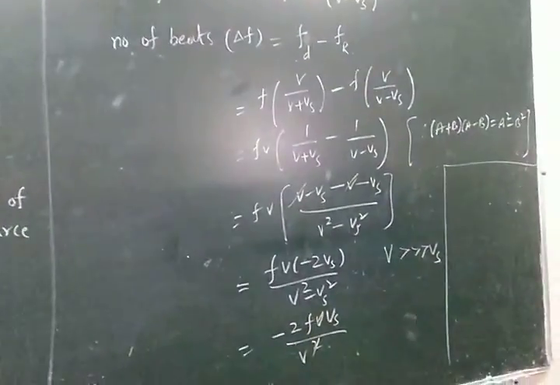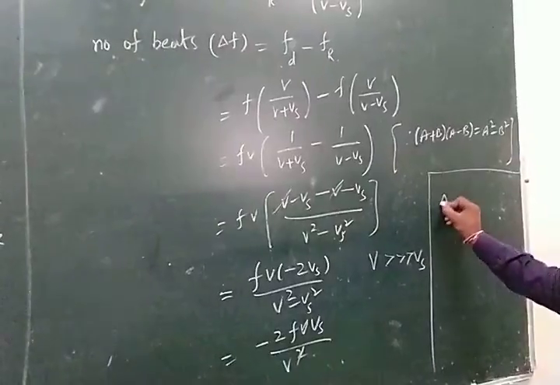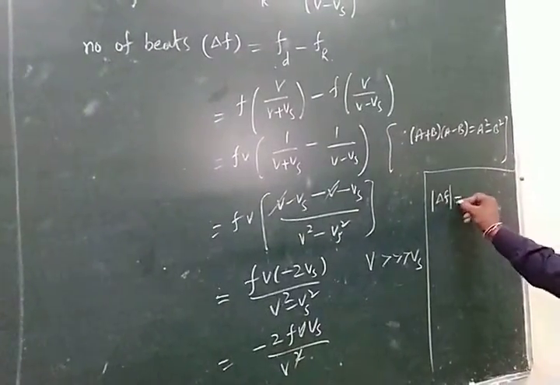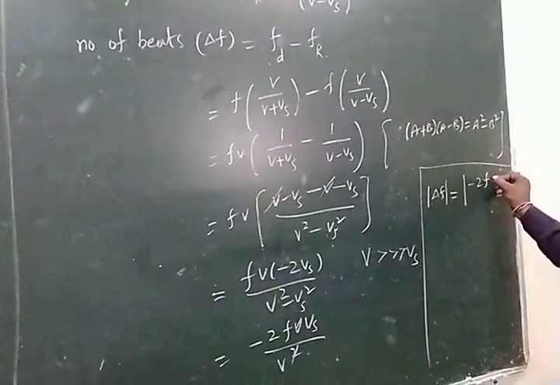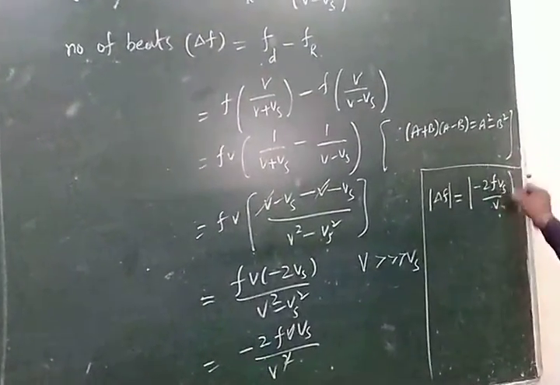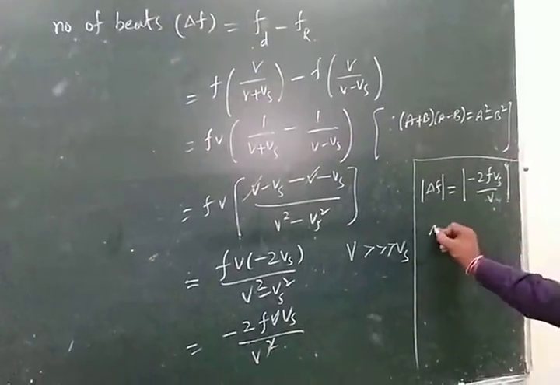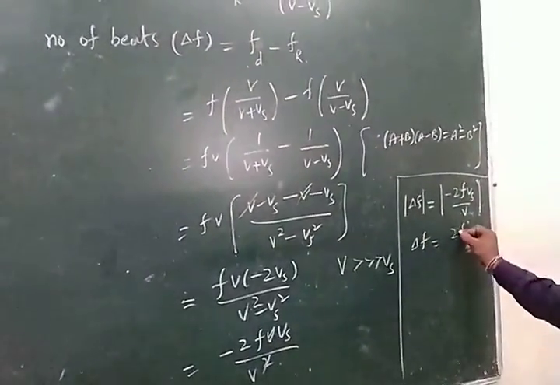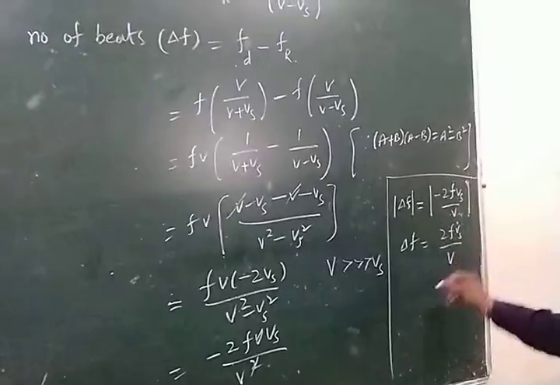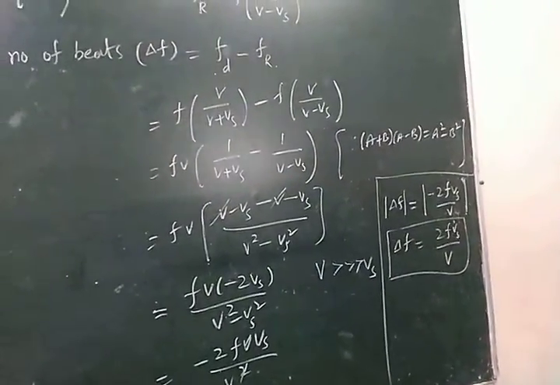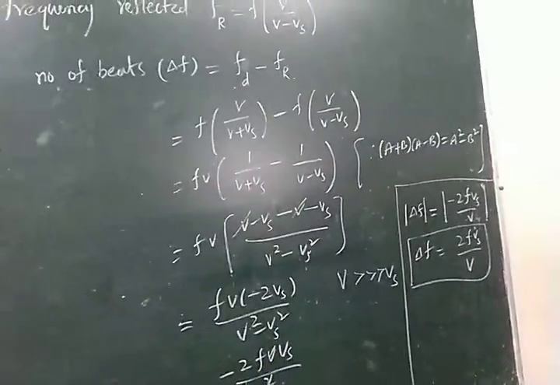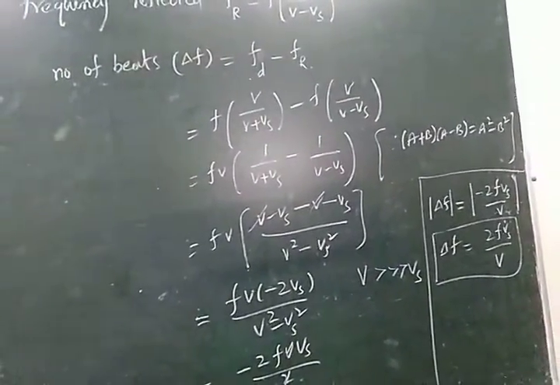Taking the modulus, delta F is equal to 2F Vs by V. This is the formula when the source is moving toward the wall with speed Vs and the observer is standing.